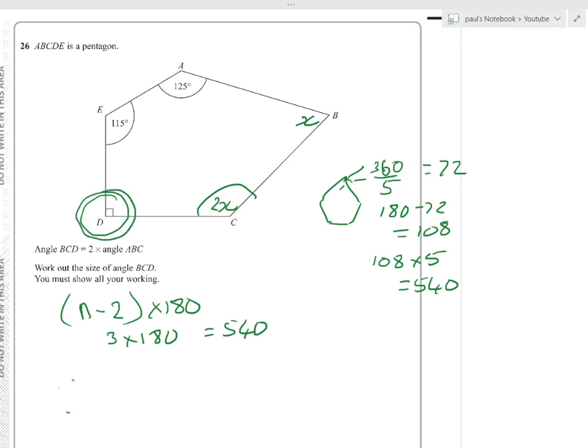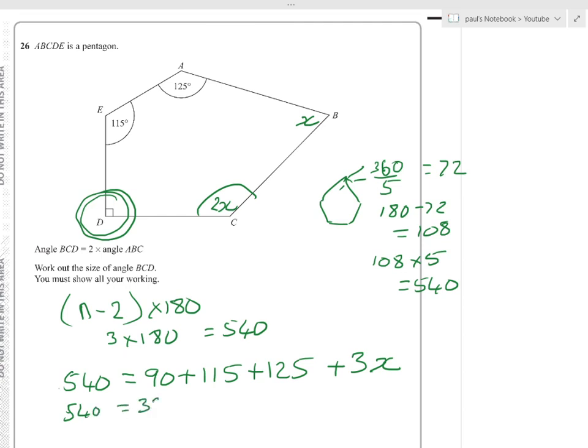Now, see where I went wrong. 540 equals 90 plus 115 plus 125 plus the 3x. I forgot the 90, didn't I? So let's do that. 115 plus 125 plus 90 equals 330. So now I've got 540 equals 330 plus 3x.